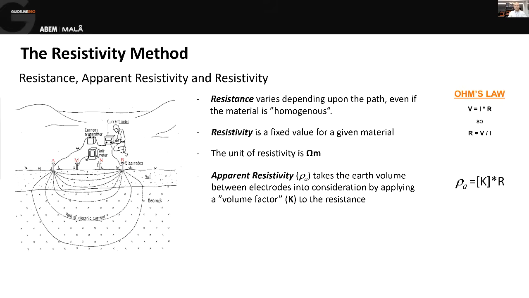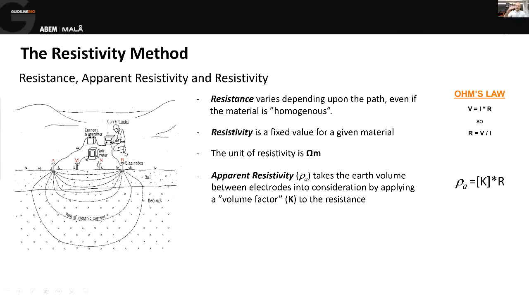But we talk a lot about apparent resistivity, and that's the raw data that we take off the instrument. And the reason that it's called apparent resistivity is that we are taking our measurements from the surface. And that means that our current paths are flowing through the whole of that ground beneath our feet.